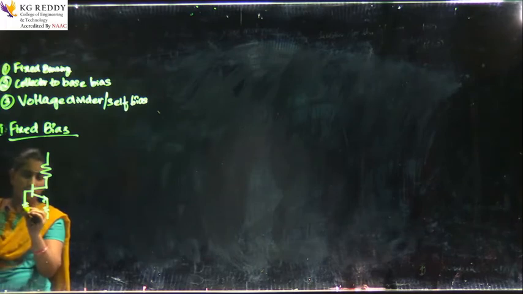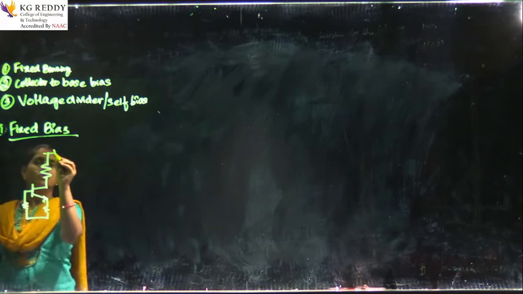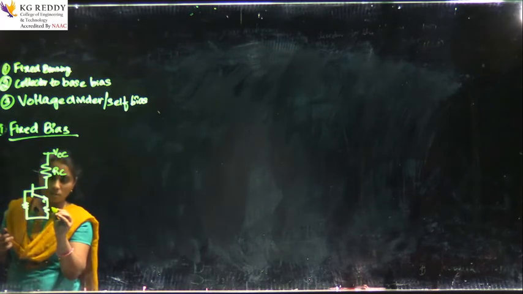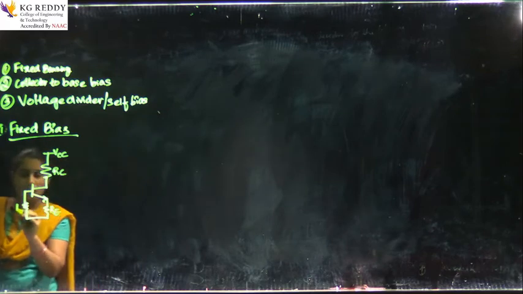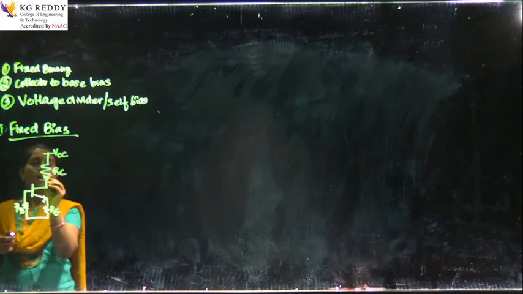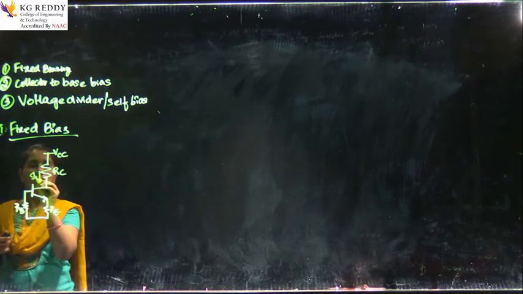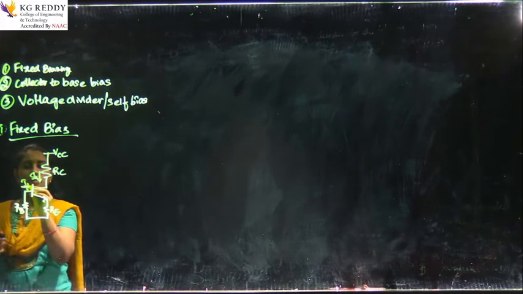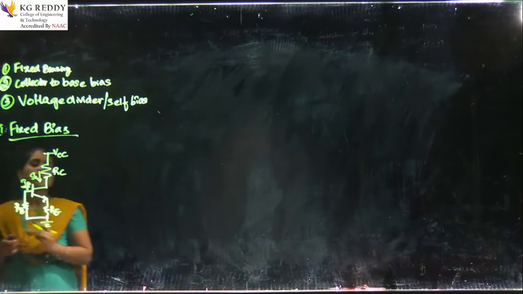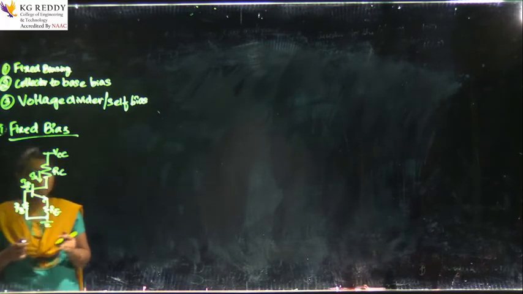One RB resistor, one load resistor RC, and one emitter resistor RE. I am using this as an NPN transistor, and the IC current will be flowing through this side and IB current will be flowing through this side. So this would be grounded. So this is a simple fixed bias configuration.